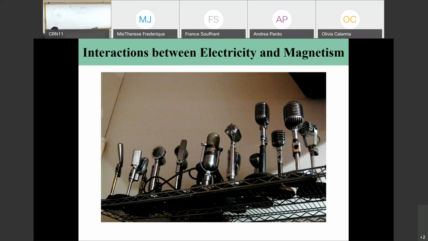We have different materials in life that we also use, like a hairdryer, automobiles. We have different technology that works using electricity and magnetism.